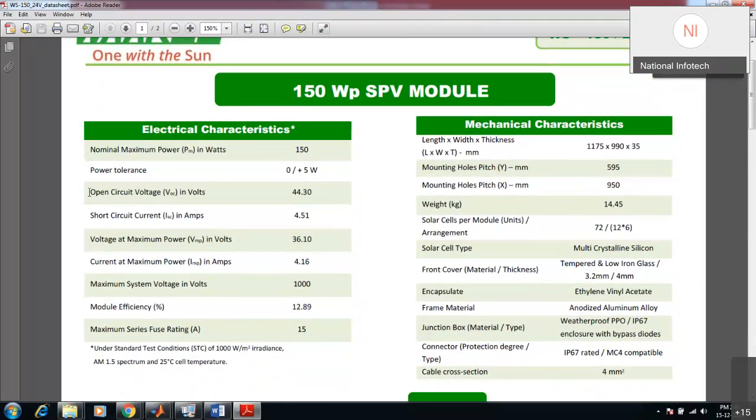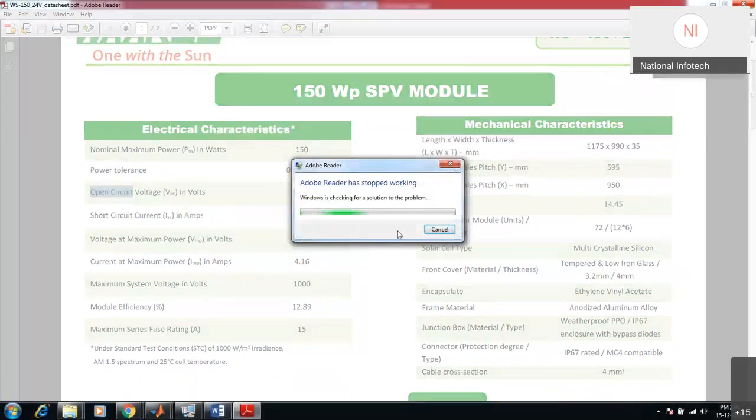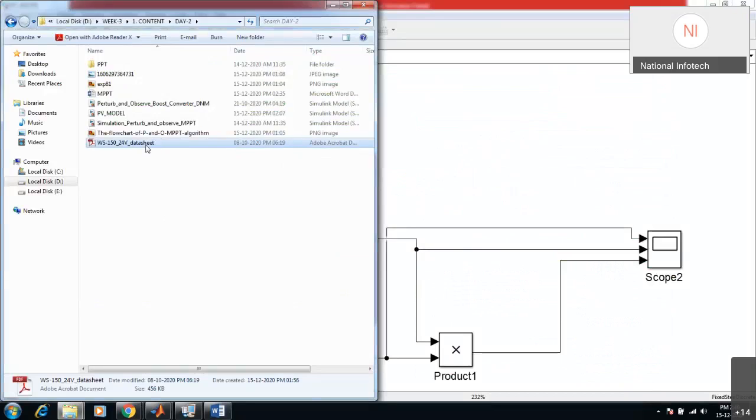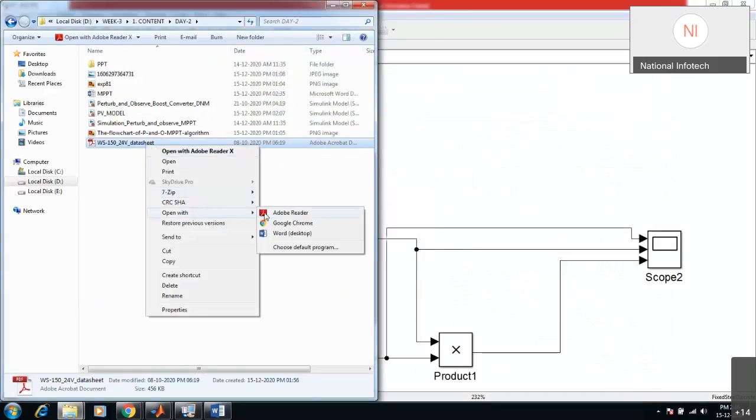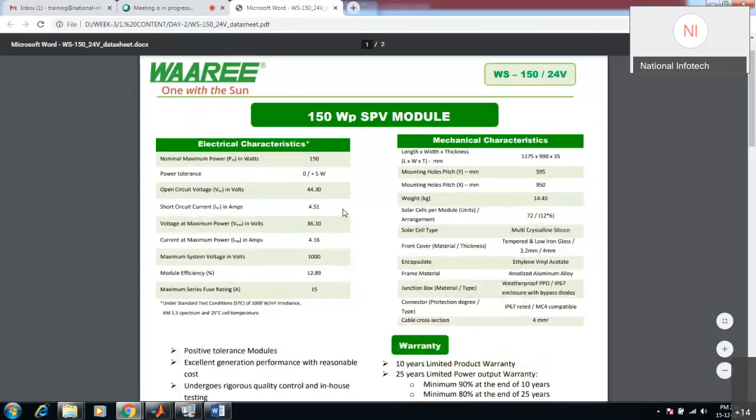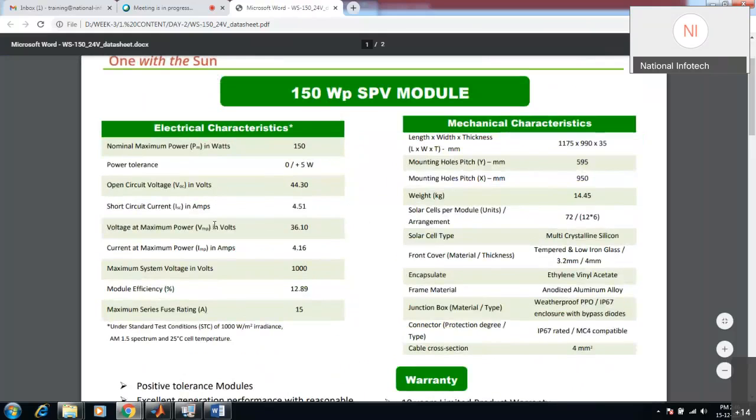You can see the open circuit voltage is 44.30 volts. Short circuit current is 4.51, and the voltage at maximum power is 36.10.